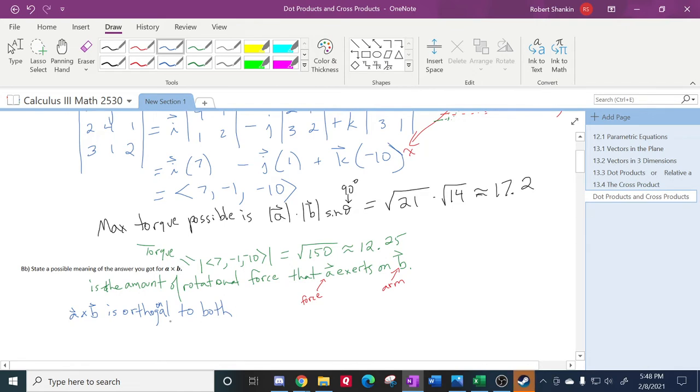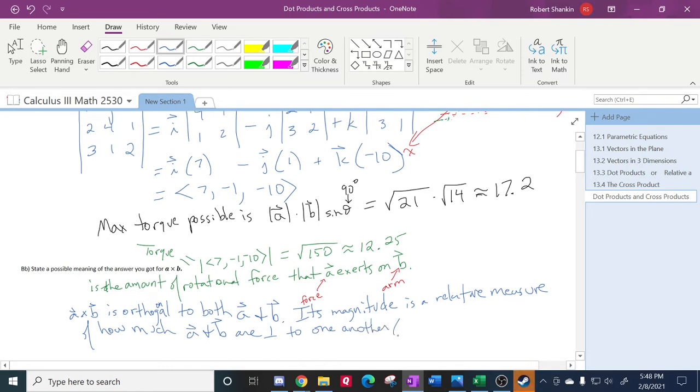A cross B is orthogonal, or perpendicular, to both A and B. Its magnitude is a relative measure of how much A and B are perpendicular to one another, how effective the turning boost is.